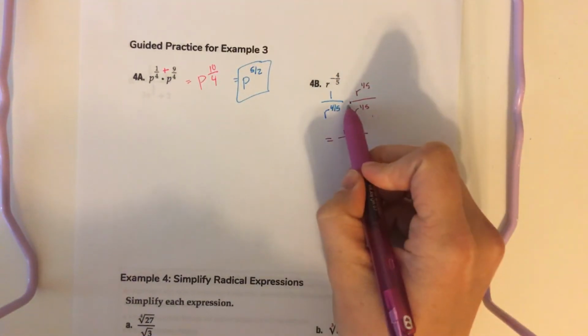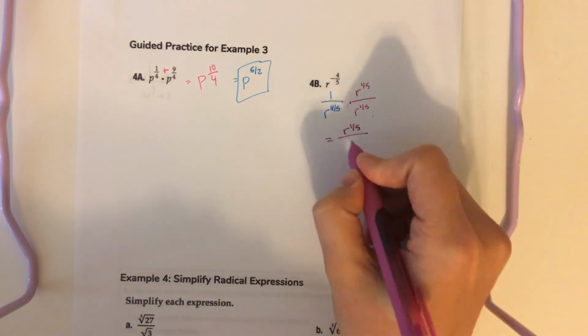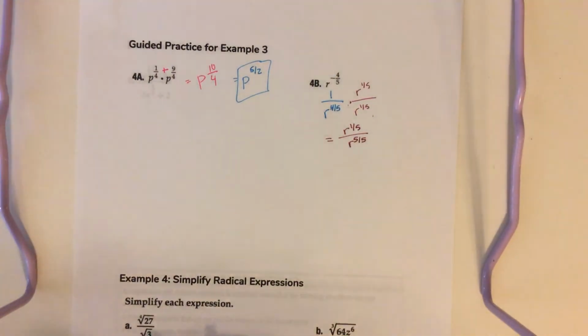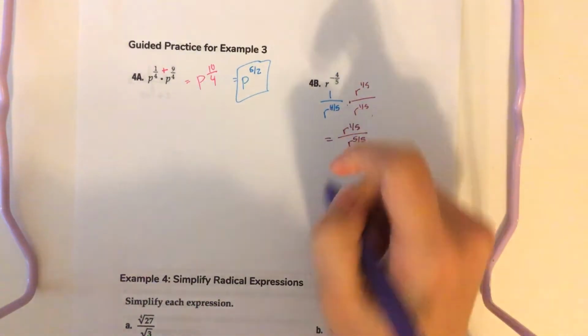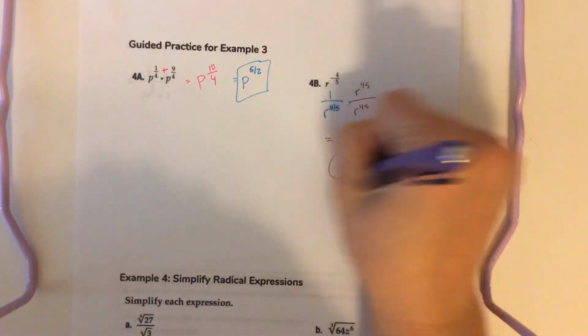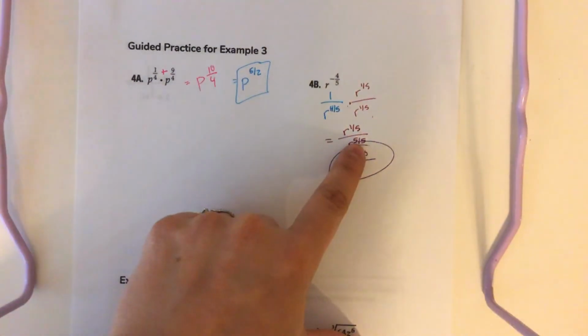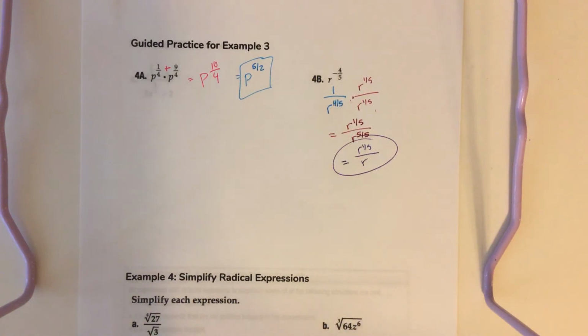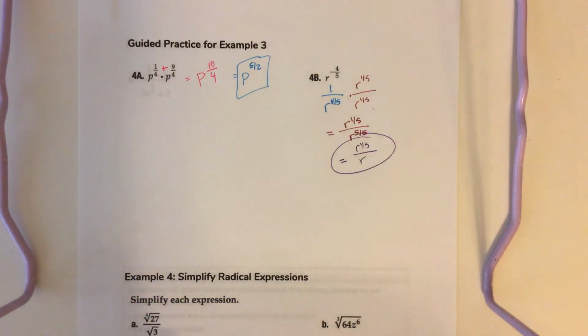And then right here, I get to add those exponents, 4 plus 1. This becomes r to the 5 over 5. And cleaning this up a little bit, I get r to the 1/5 over r, because this just simplifies to be 1. So we have r to the 1st power in our denominator. Hopefully you see that pattern right there. That's what's going to happen more often than not whenever you have those.